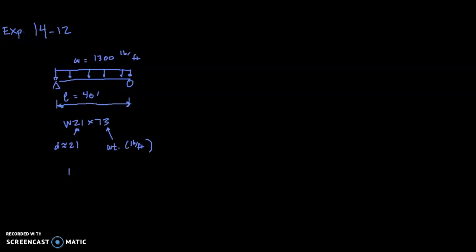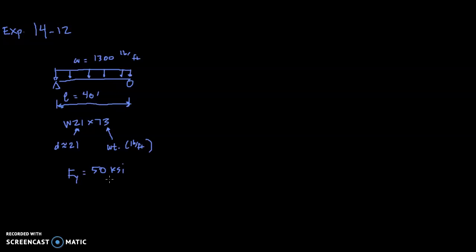The yield stress of this particular steel is 50 KSI. It's made of A992 steel. That's what wide flange beams are commonly made of. So it has a typical yield stress of 50 KSI.